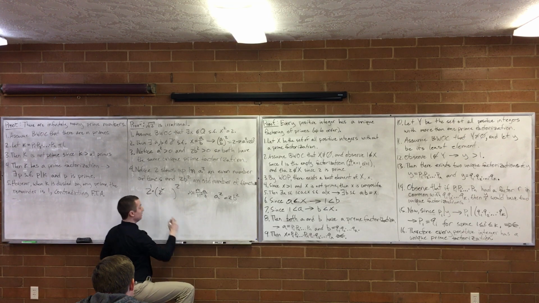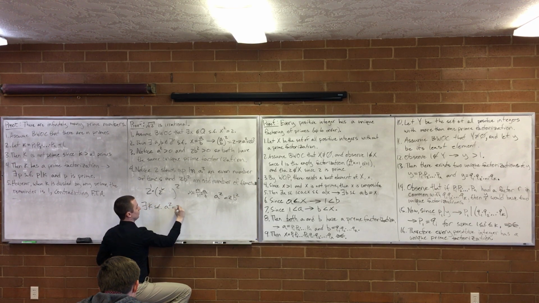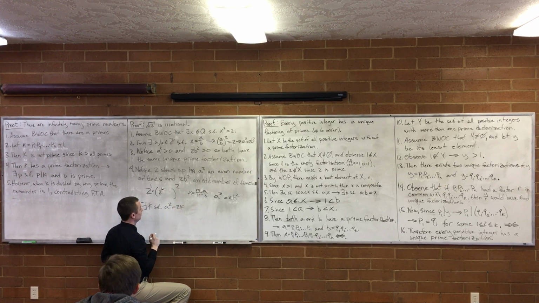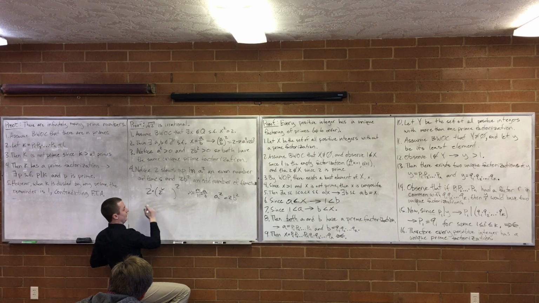Since a squared equals 2b squared, a squared is even, which means that there exists k such that a squared is equal to 2k. Because a squared is even. Well, I shouldn't say it like that, because we need to say a is even.